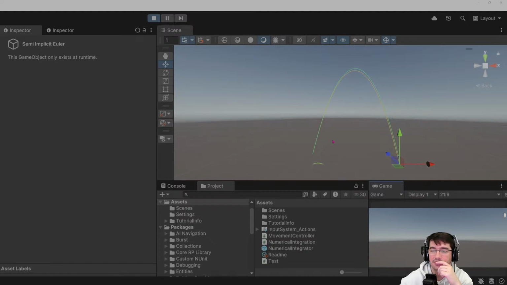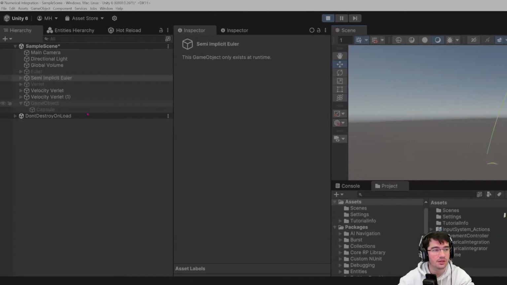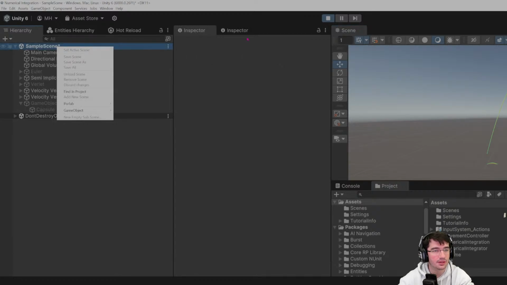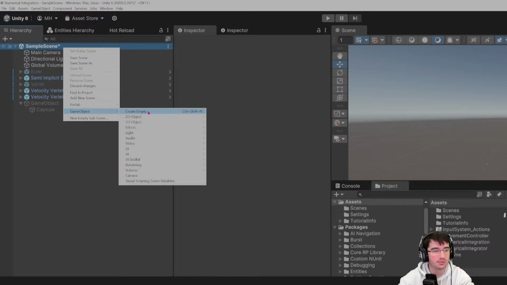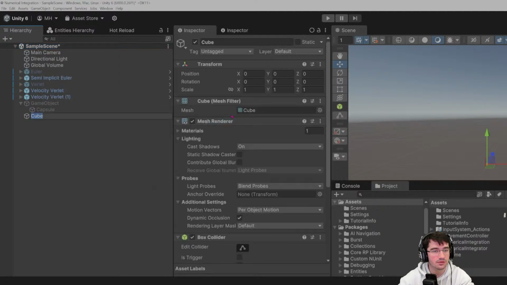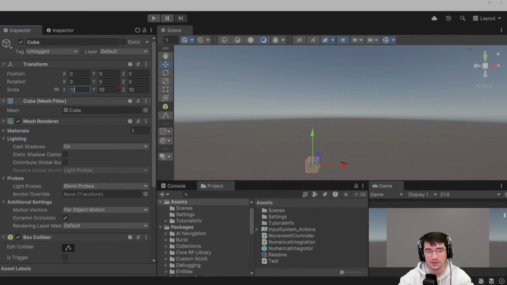I don't think that's 10. That seems big. Is that 10? Let's create a game object, 3D cube of 10. Yeah, 10. It's absolutely not 10.